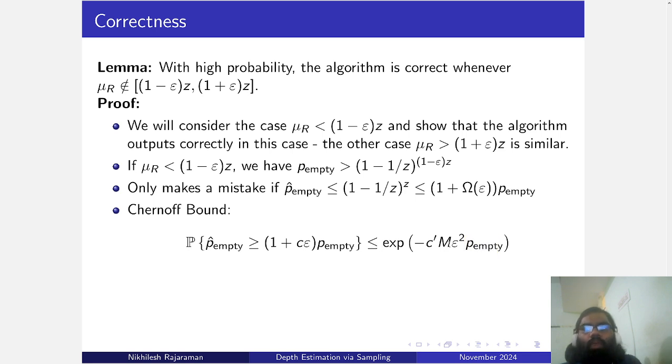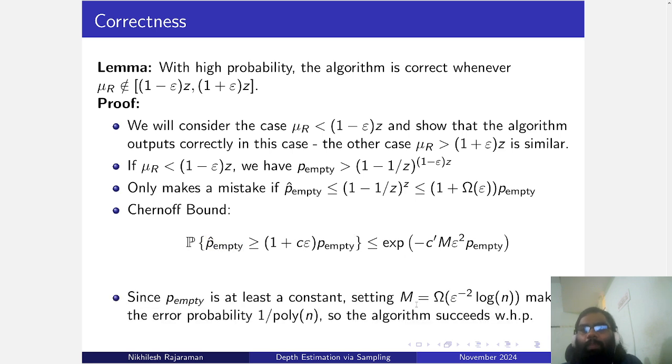If we look at this expression, P empty is guaranteed to be at least a constant if epsilon is at least half. You can show that quite easily just by looking at this bound. So this expression looks something like e to the power minus some constant times m epsilon squared, and this is basically the probability of error, because the error is only made if the estimate goes far away from the true value.